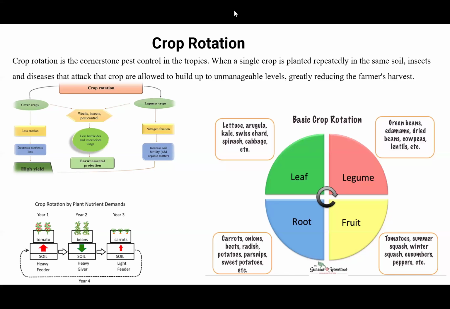Let's say, for example, you have a solanaceous crop growing, and it's affected by maybe bacterial wilt or a pest. What you would do is not plant back anything in the solanaceous family. We're talking about things like peppers, tomatoes, eggplant. So you would plant back something from a different family, perhaps the cucurbit family, which would be cucumber, watermelon, and so on, right? So these are some examples of crop rotation.